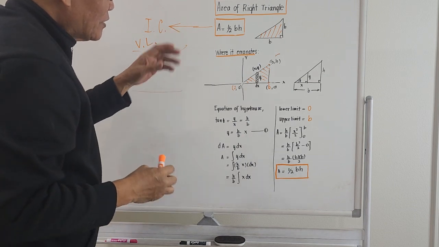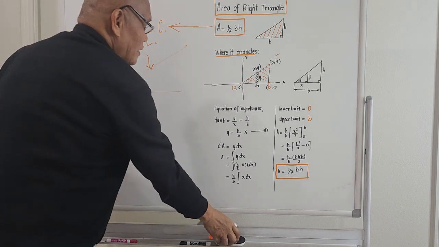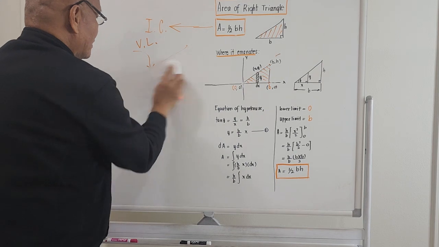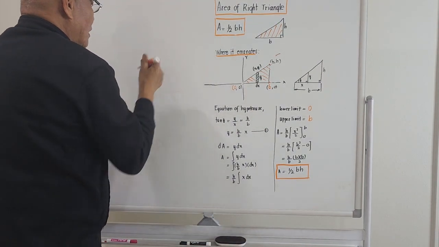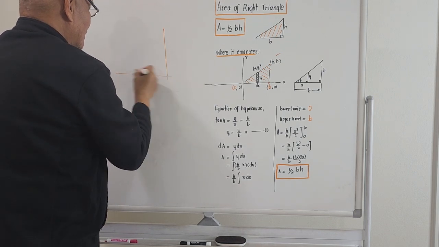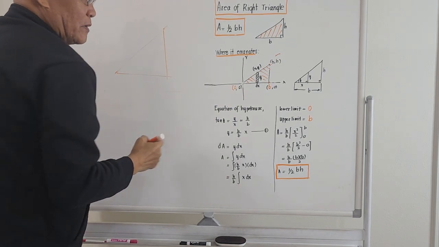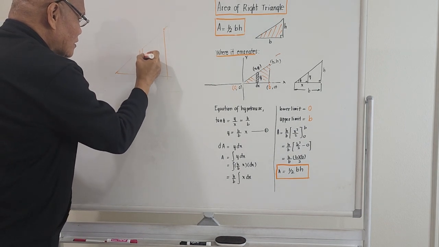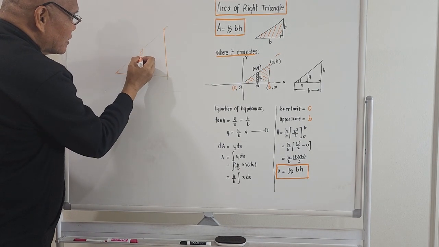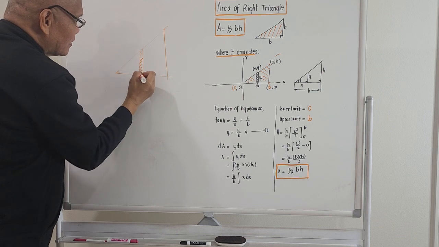To represent that in terms of x and y, I will erase this one and do it like this. By using integral calculus, we put a vertical slice over here, an increment in differential area.